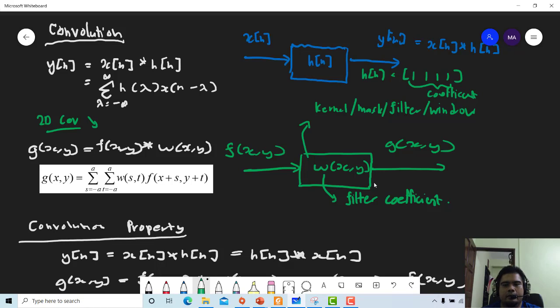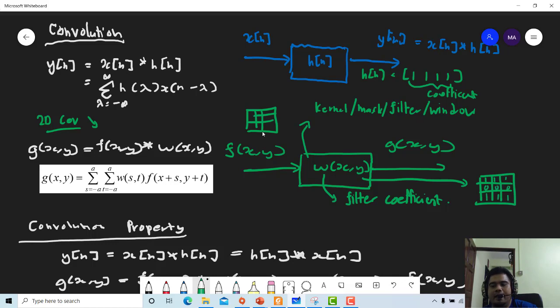When we talk about the kernel, actually it is a matrix. If you talk about a one-dimensional signal, it's just a one-dimensional matrix like this one. But if you talk about a two-dimensional input image and you are applying the convolution, your kernel or filter W should also be a two-dimensional matrix like this, and inside it are known as filter coefficients.